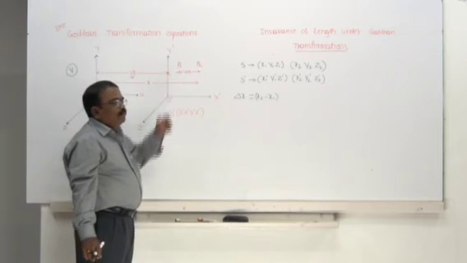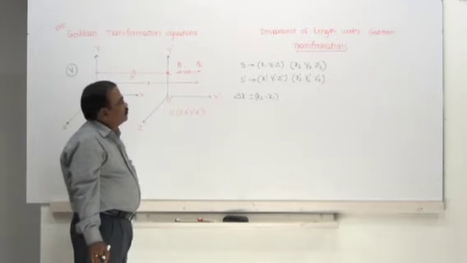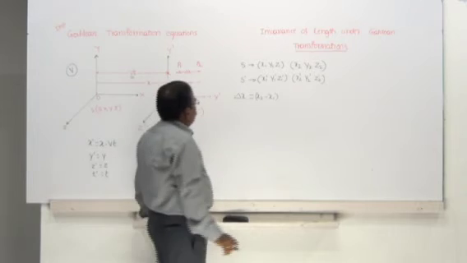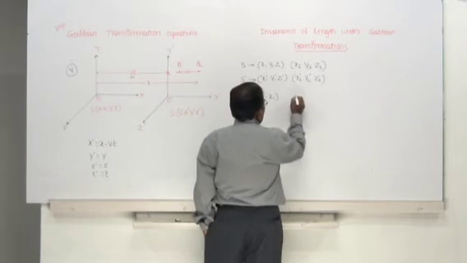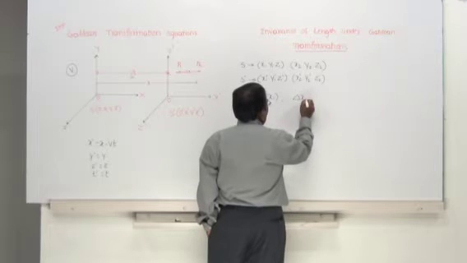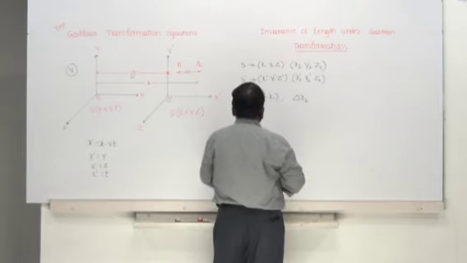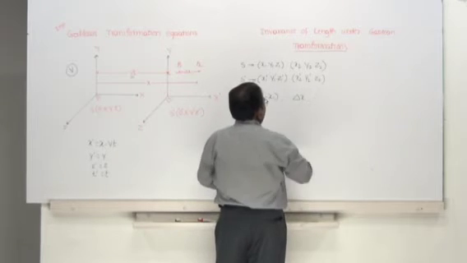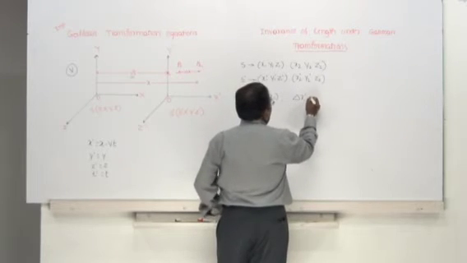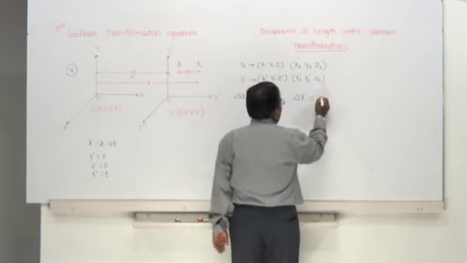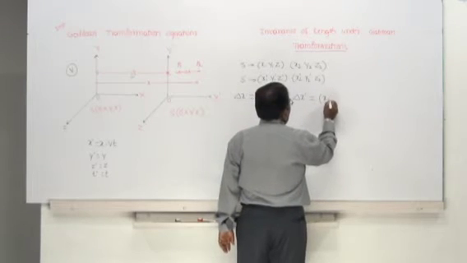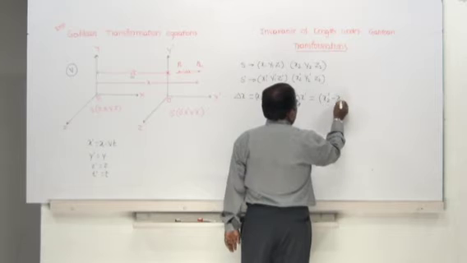Similarly, the separation observed from S dash frame, I am going to write as delta x dash, is equal to x2 dash minus x1 dash.